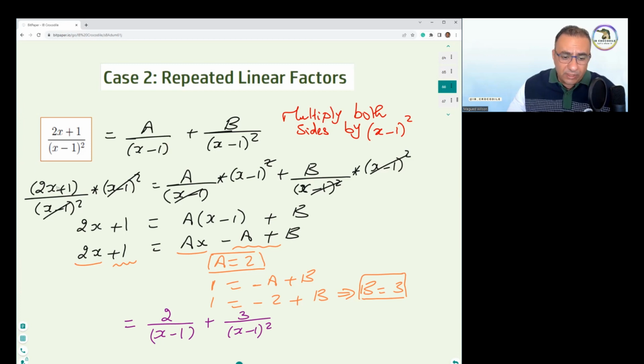So if you look again at this final answer, and if you think, okay, what would be the common denominator of these two fractions? Obviously, common denominator, it's going to be the LCM, or x minus 1 to the power of 2, which is this guy here.